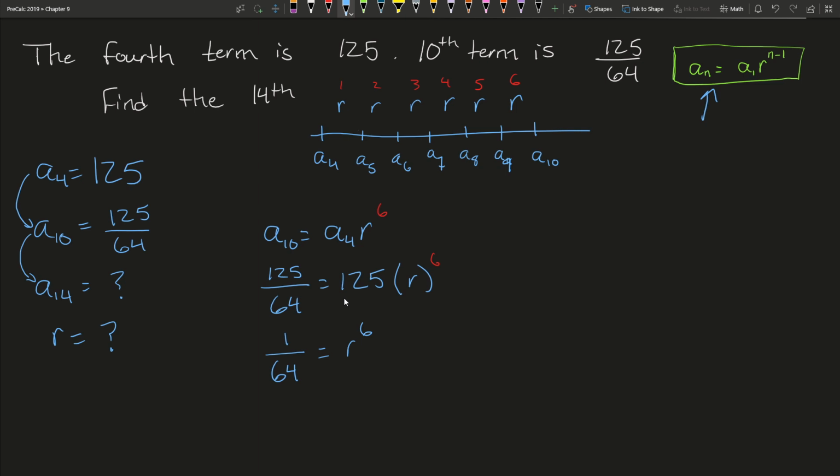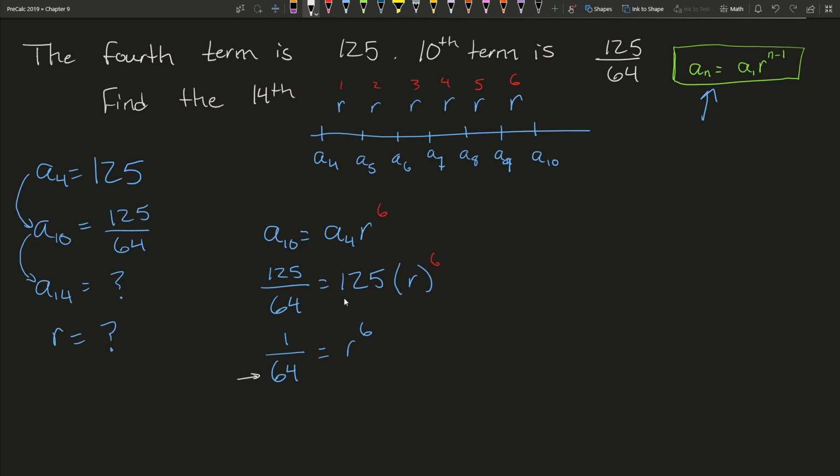Okay, so right now I'm just going to look at the denominator because that's the only thing with a number in it. 2 to the 6th power is 64. Right, 2 times 2 is 4, times 2 is 8, times 2 is 16, times 2 is 32, times 2 is 64. Okay, so we can get to 1 over 64 by multiplying 2 by itself 6 different times.